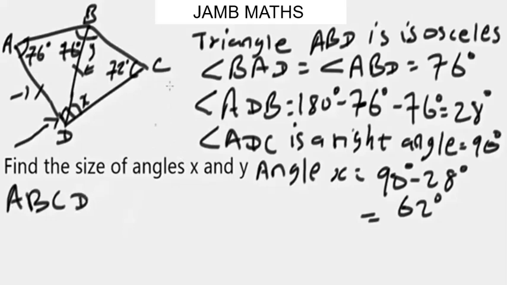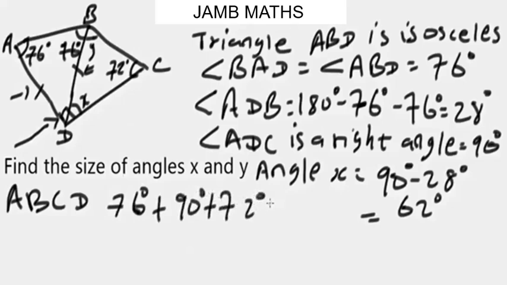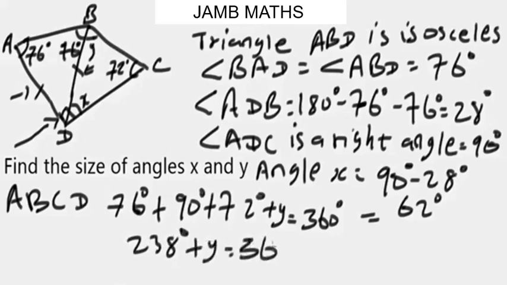So to get our y, add every angle we have here: 76 degrees plus 90 degrees plus 72 degrees plus y equals 360 degrees. When you add these and punch it on a calculator, we're going to have 238 degrees. We have 238 degrees plus y equals 360 degrees.